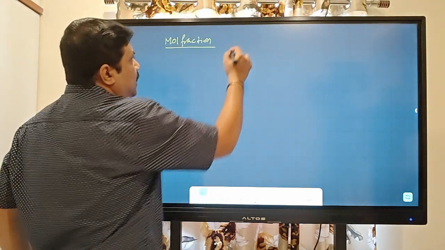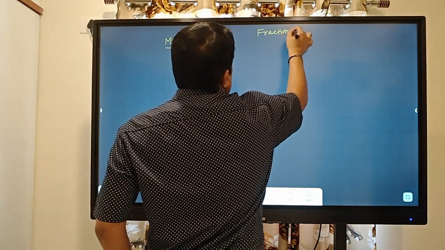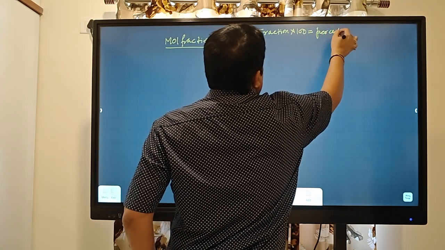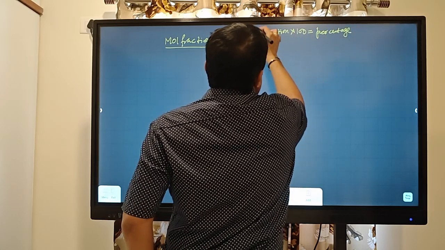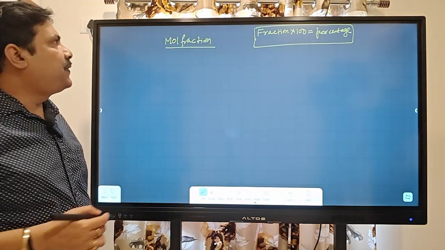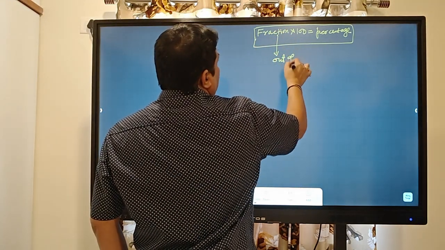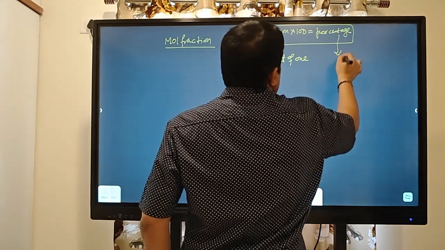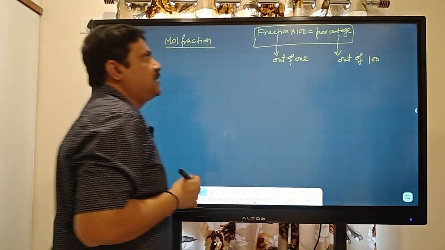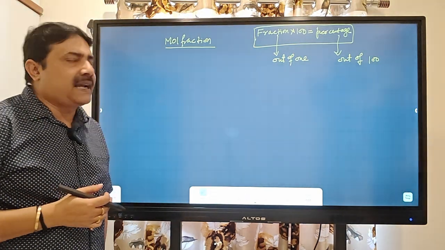Always remember, fraction into 100 is your percentage, and percentage divided by 100 gives a fraction. So you will never make a mistake.